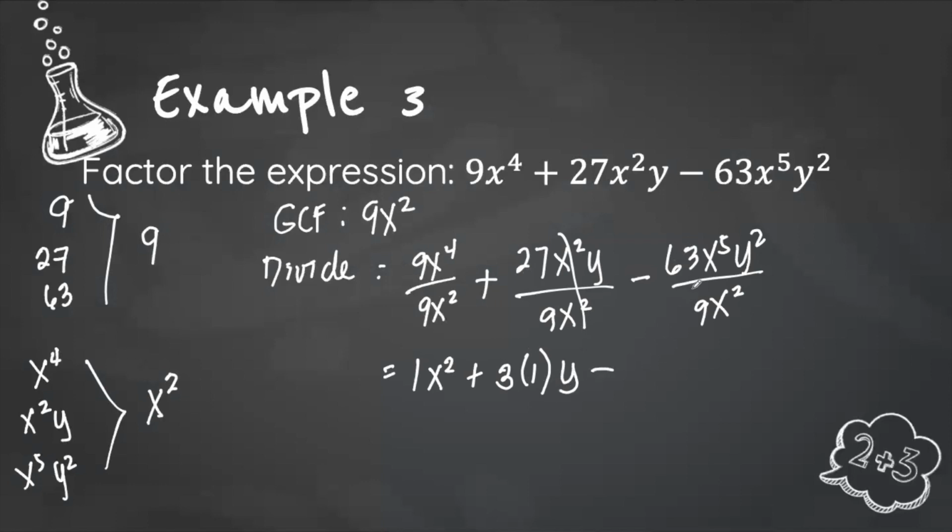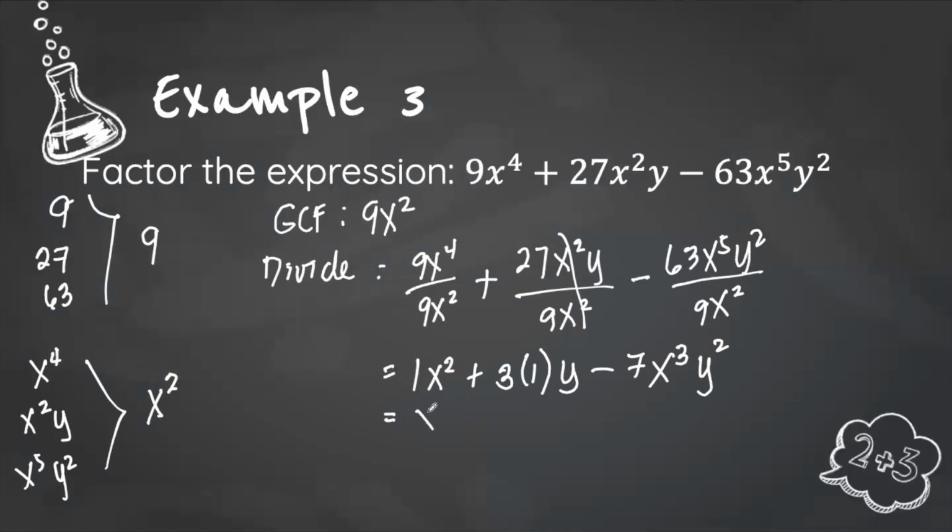Minus 63 divided by 9 will be 7. X to the fifth divided by x squared will be x cubed. Again, copy the y since we don't have y in the denominator. So that's y squared. Let's simplify. Omit numbers that are not supposed to be there or that are already implied. So 1 is already implied.